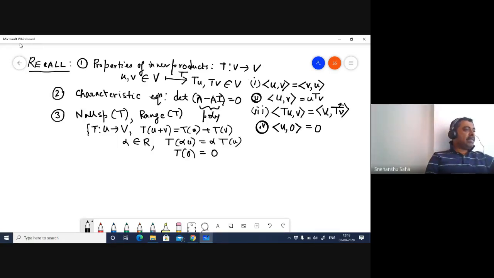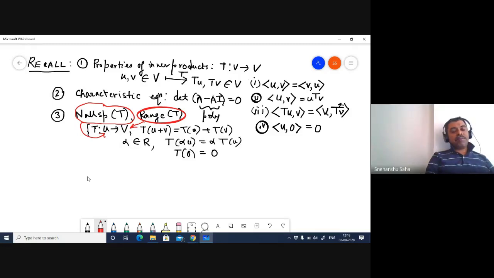So with this, since we are talking about null space and range, we know that this guy is actually a subspace of U, and this guy is a subspace of V, and that's easy to see, right?